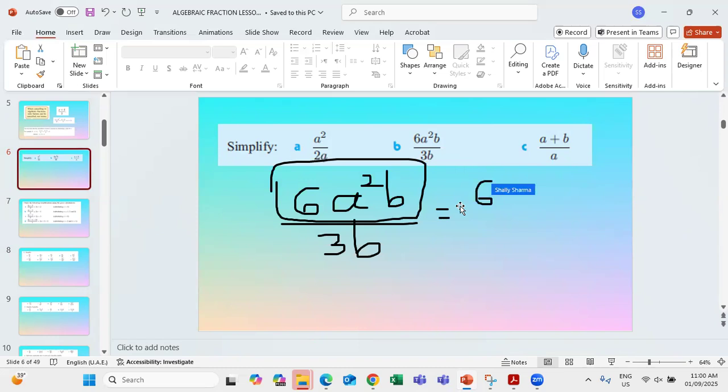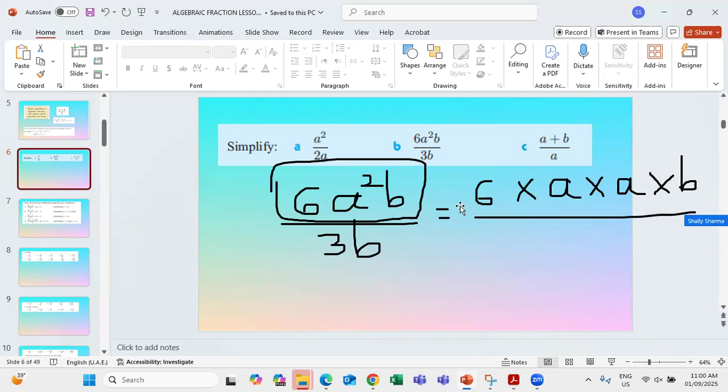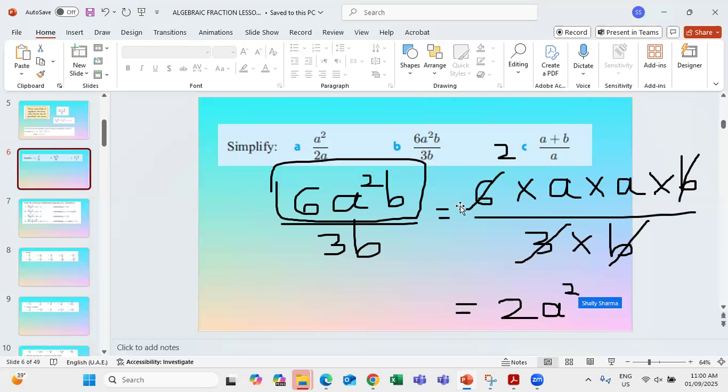So this can be written as 6 times a times a times b over 3 times b. So I can see b and b can be cancelled out. 3 and 6 can be cancelled out and we will be left with 2a squared. This is the simplified form.